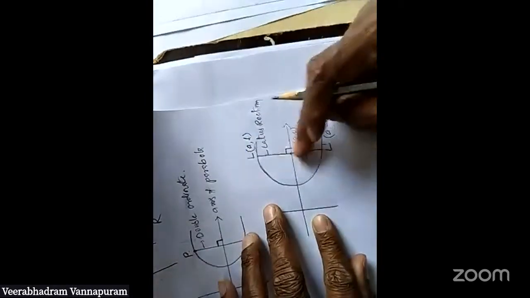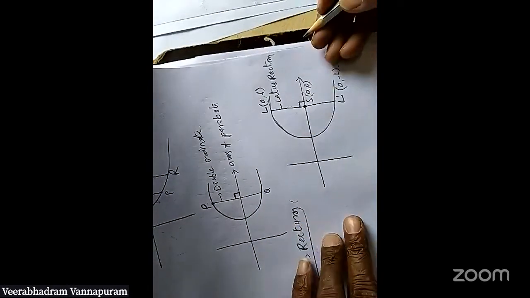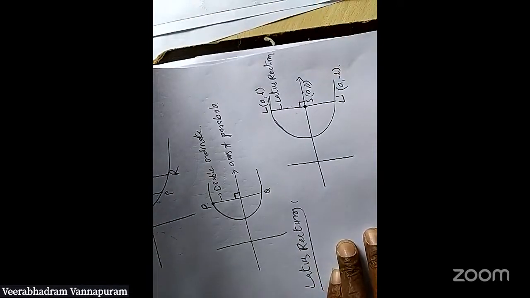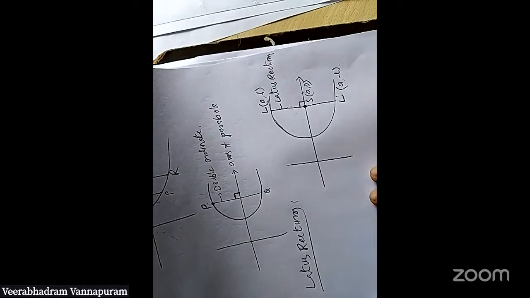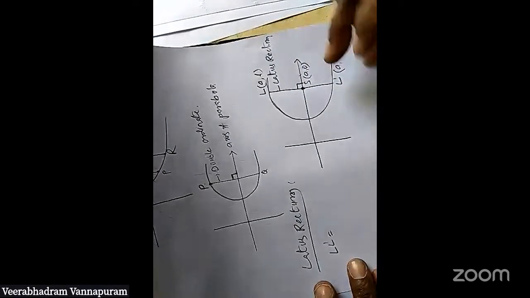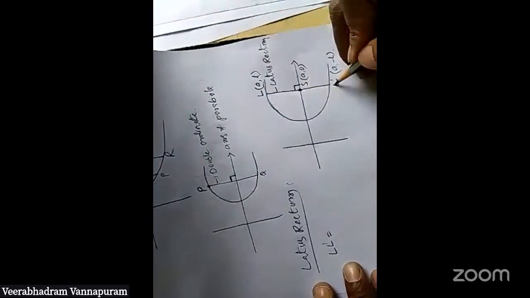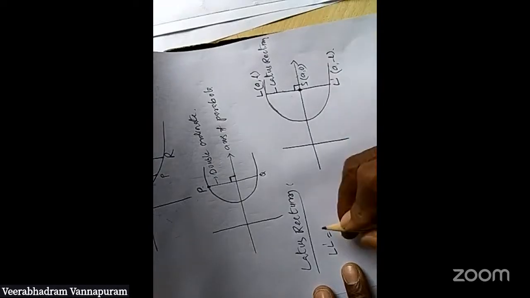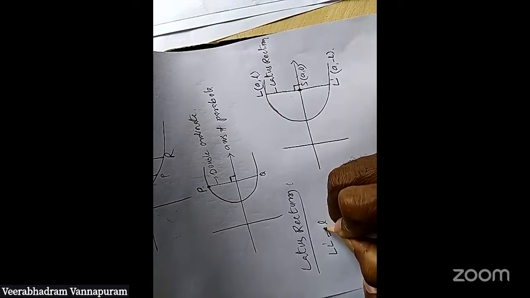So the length of the latus rectum is LL dash. What is the distance of SL? That is small l. And SL dash is also l. That is l plus l, 2l. The length of the latus rectum is 2l.